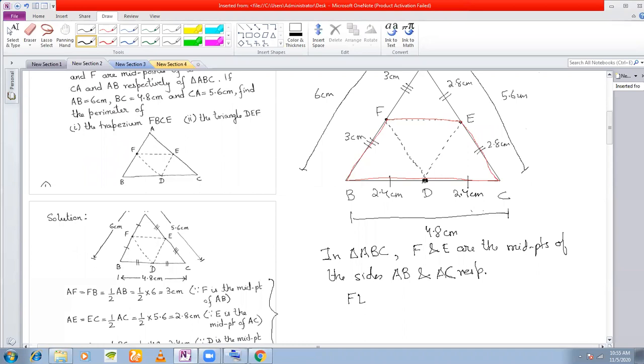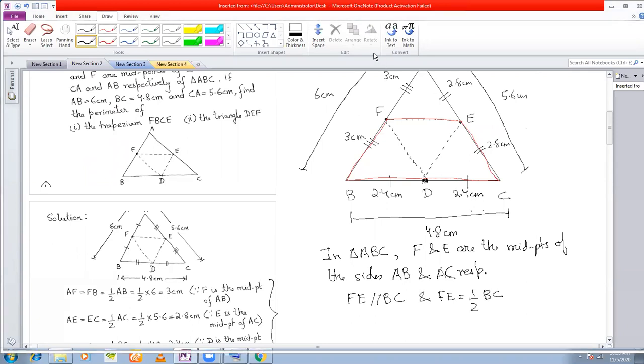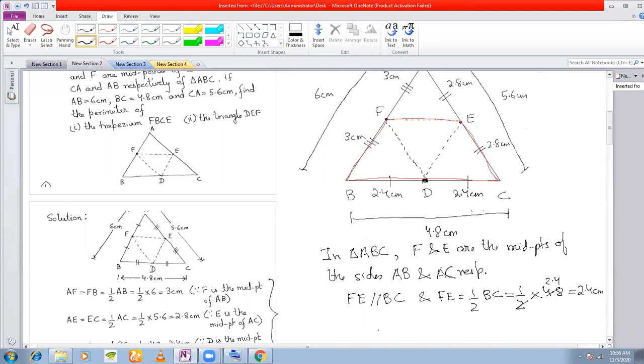Yes, FE is parallel to BC and FE is half of BC. But what is the length of BC given? 4.8. So you have got the length of FE as 2.4.